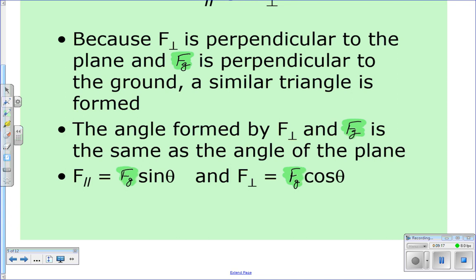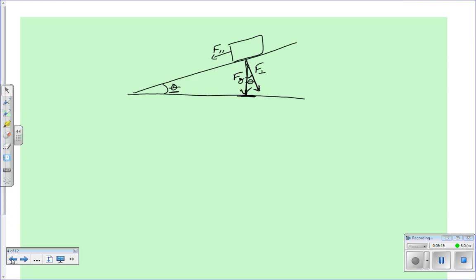Now, I want to point out at this time that normal, again in physics, means perpendicular to the surface. So this is where, before, when objects were sitting on a horizontal surface like this, the normal force was equal to the weight.